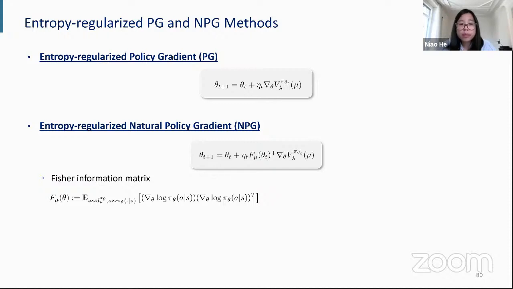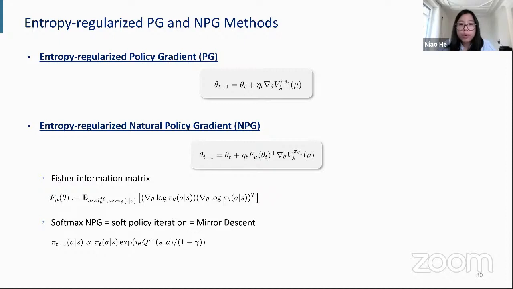This Fisher information matrix is given by this following definition here. One can also show that this natural policy gradient, which is popularly used, is nothing but soft policy iteration. This is also closely related to soft Q-learning algorithms. It can also be viewed as a special case of a mirror descent algorithm, which I will not go into details here. I think Bo will probably discuss more in detail in the afternoon.